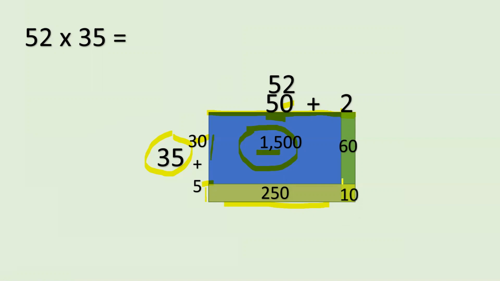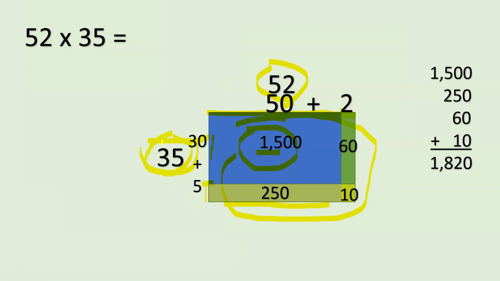So if we found all of the individual areas of the broken up numbers, which our memory can do because we all know singles, right? 5 times 2, 5 times 3, 5 times 5, 2 times 5. Then we could put all these together to figure out what the real square was, which will tell us really what 52 times 35 is.